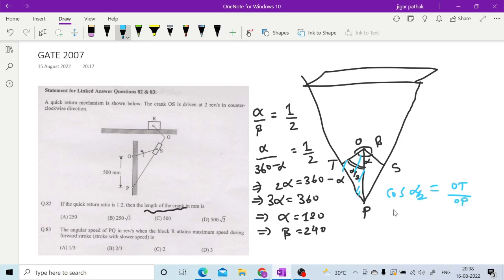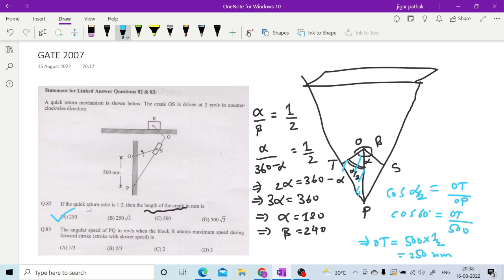Now cos alpha by 2 means cos 60 is equal to OT upon OP. OP you know, right? OP is given as 500 and OT is nothing but your crank length. So OT is equal to 500 cos 60. Cos 60 is 1 by 2. So your correct answer, OT, is 250 mm, right?